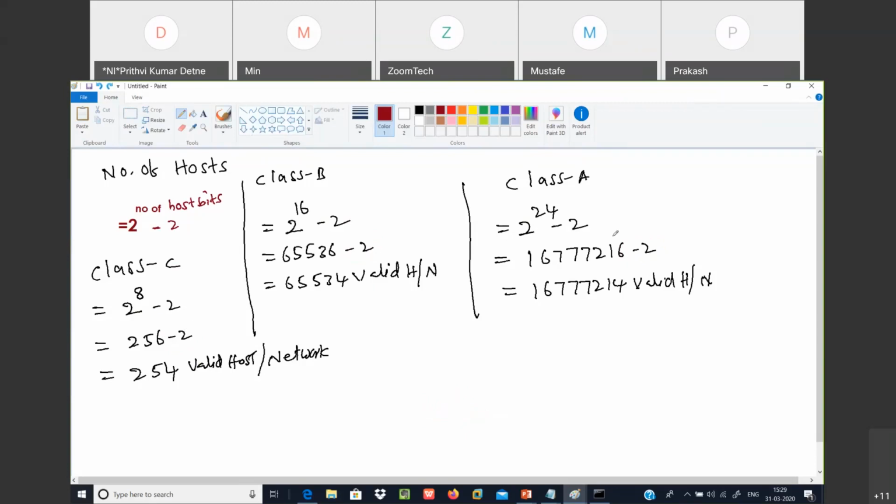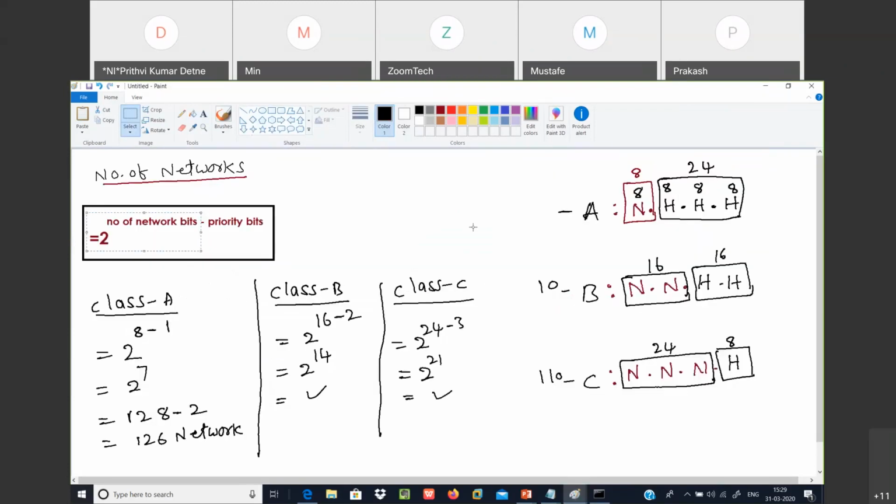In the number of network calculation in class A, minus 2 is for global ID and loopback ID, right? But the purpose of minus 2 in host calculation is network ID and broadcast ID. Let me discuss clearly what network ID and broadcast ID are.